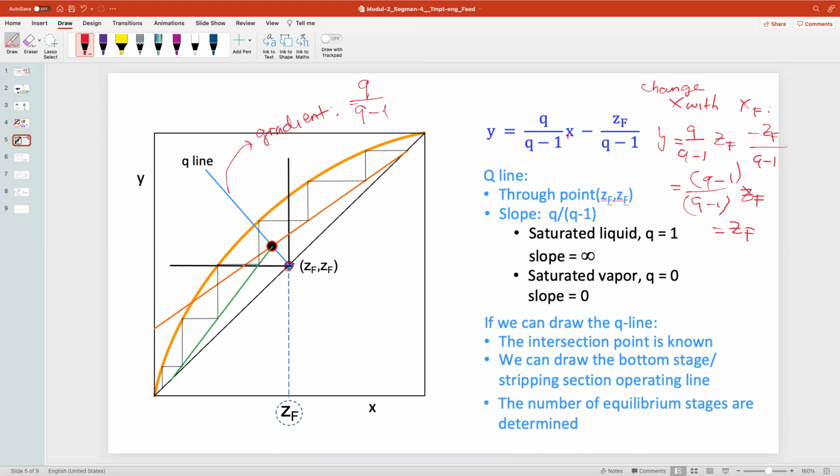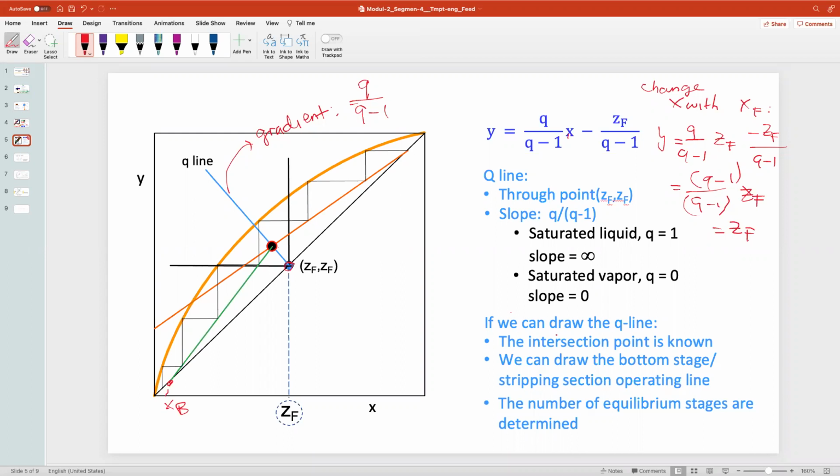So that means if we know the thermal condition of the feed, we can get this Q line. Once we get the Q line, we can get the intersection with the enriching line. From this point, we can draw a line to get the stripping line to the XB.